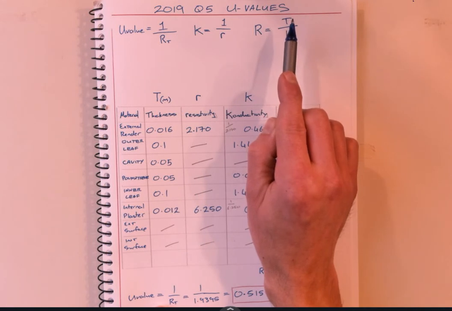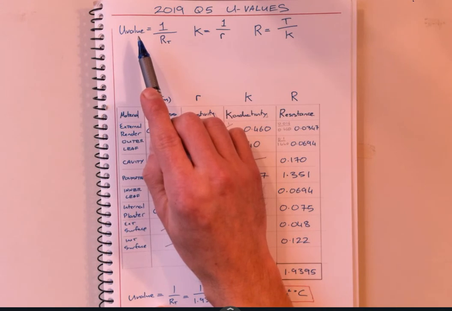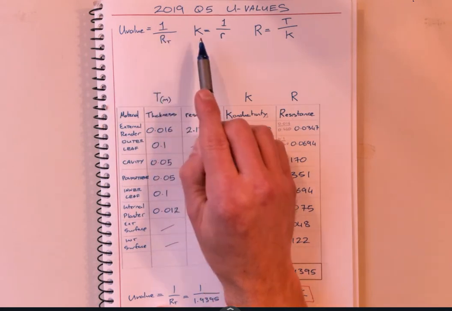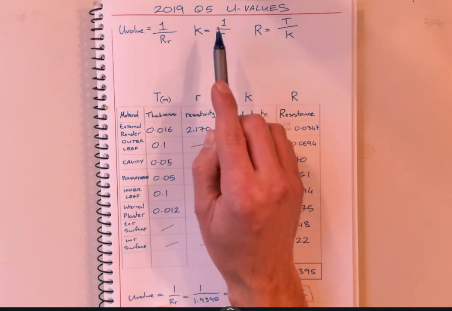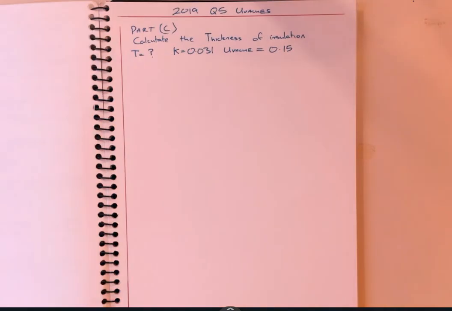Also, they told us the new U value is 0.15, so there's a good chance this formula is going to be used. There's no mention of resistivity at all, so there's a good chance this won't be needed. So we're going to write down these two formulas.